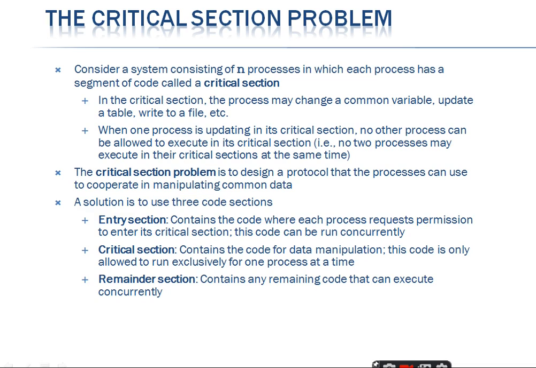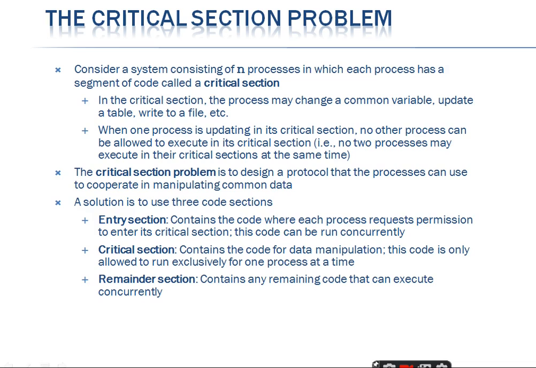So here we apply a binding that when one process is executing in its critical section, there must not be any other process executing in its critical section. This means that no two processes may execute their critical section concurrently.